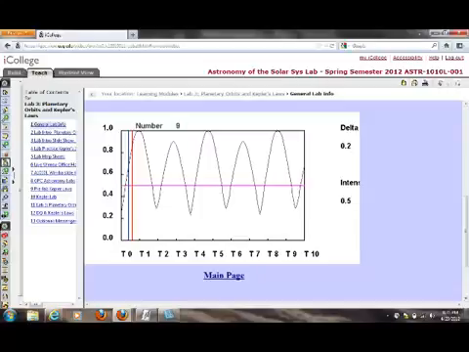You can navigate the site by grabbing those lines and clicking and dragging them. For the second question, the time between two successive minima, you would grab one line and try to align it with the minimum.